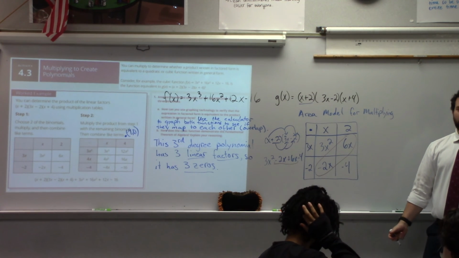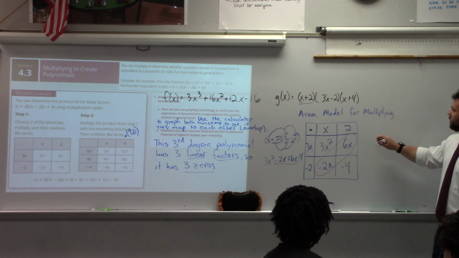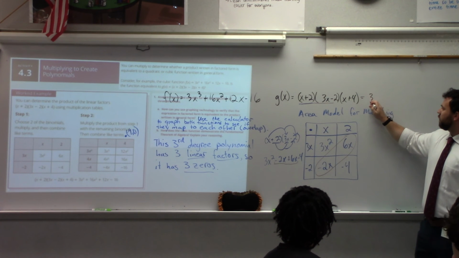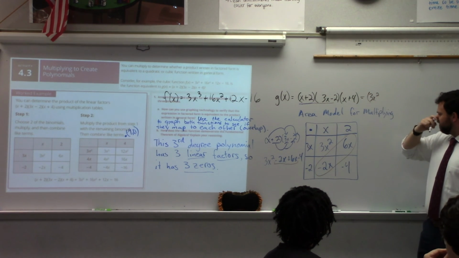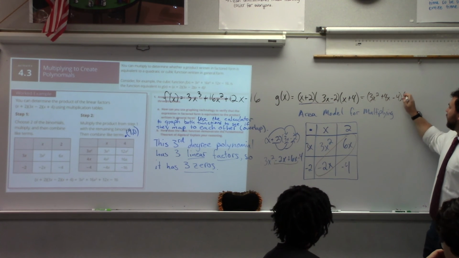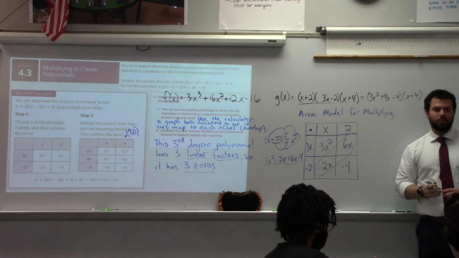But when you say combine, what do you mean? You add them, right? So this x plus 2 times this 3x minus 2 gives me a 3x squared plus 4x minus 4. And notice how I still have an x plus 4 that I need to multiply.